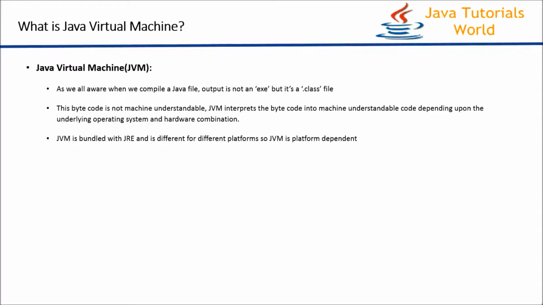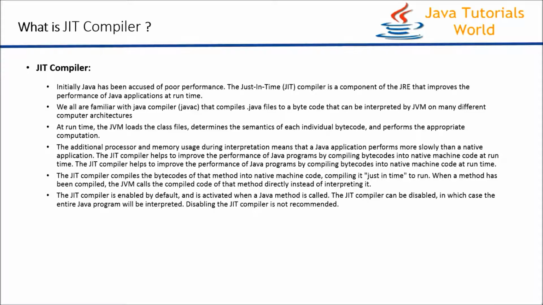Now let's see what is JIT compiler. Initially, Java has been accused of poor performance. To improve the performance, JIT compiler was introduced. This JIT compiler is a component of JRE which improves the performance of Java applications at runtime.